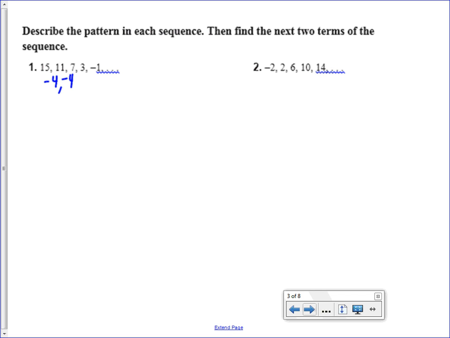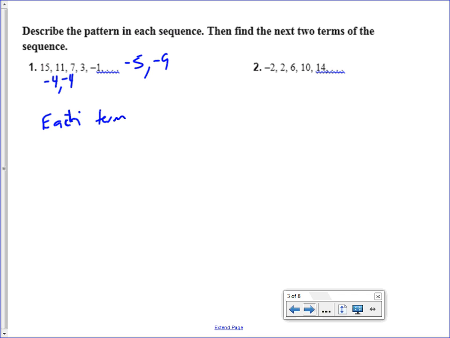We'd say the pattern is we just decrease by 4 each time, the first term is 15. So that's how we describe it in words. Then to find the next 2 terms, we'd say the next 2 terms would be negative 5 and negative 9.